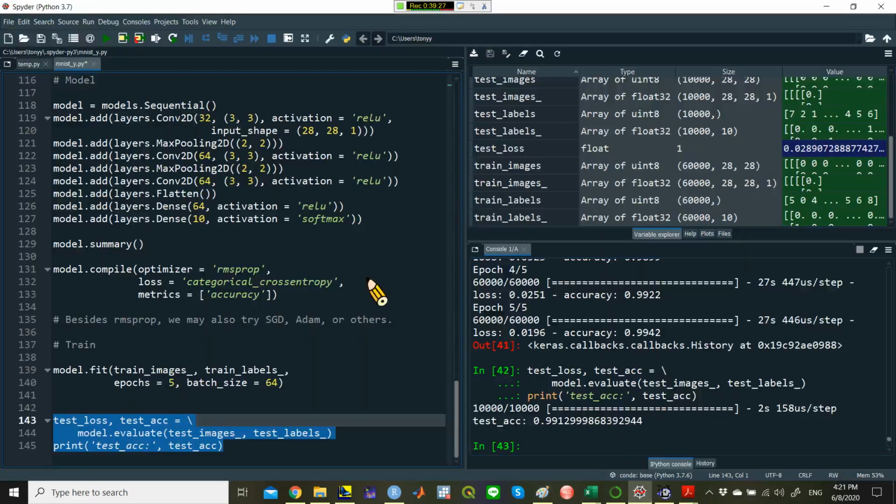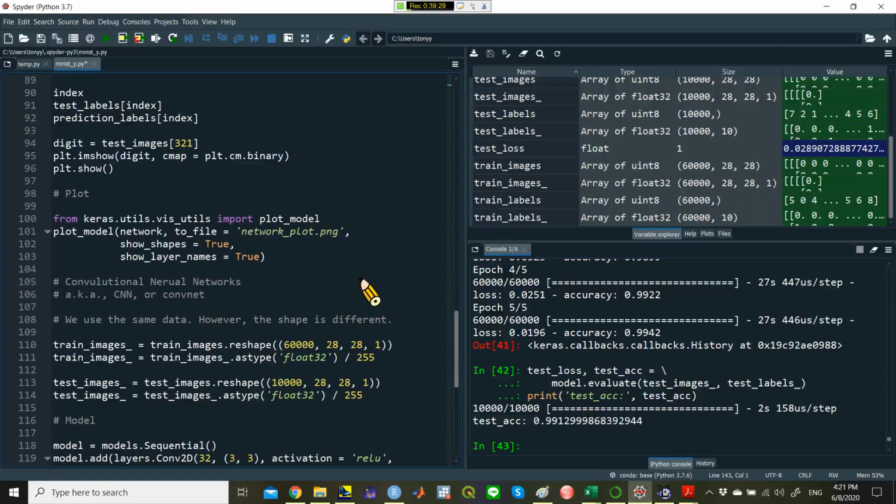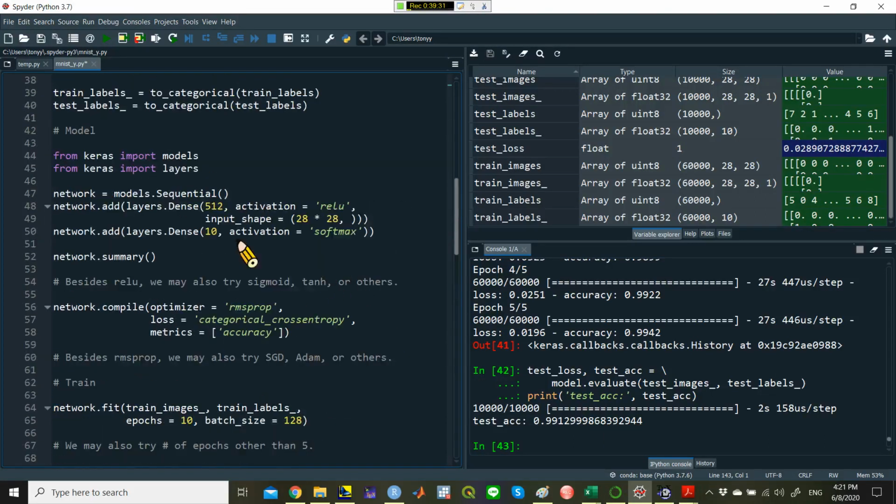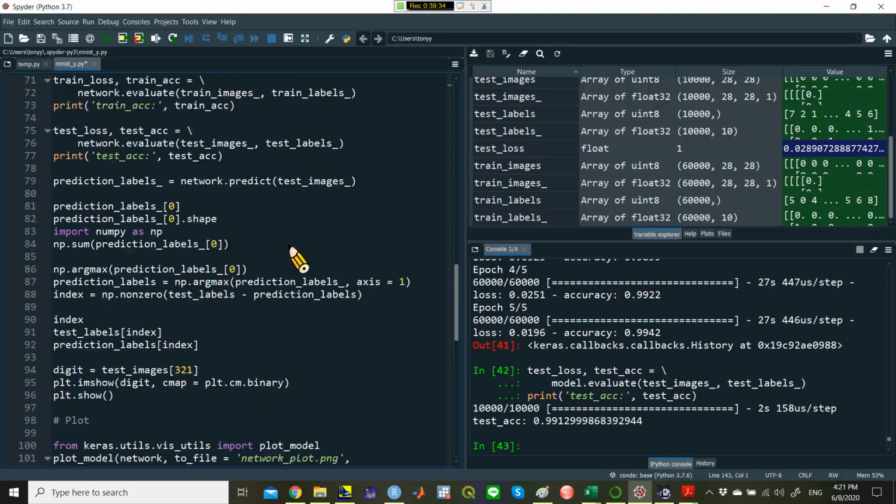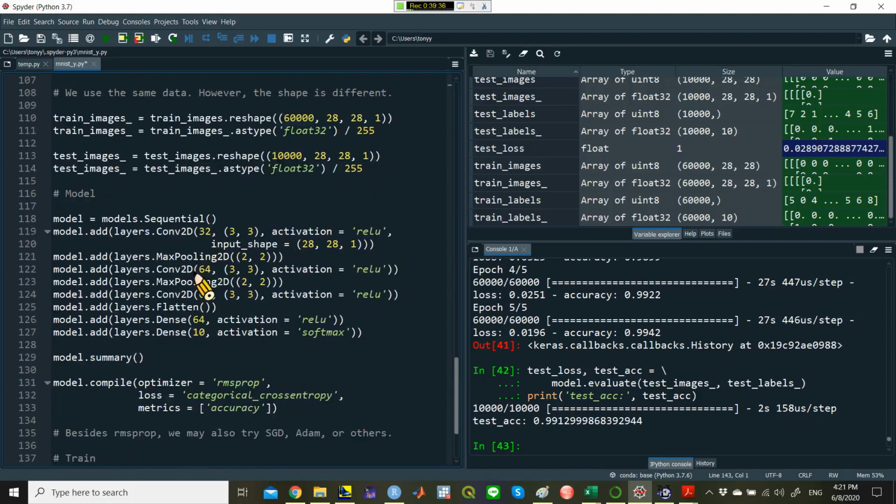Here I show you guys some examples. You may see here, hey, in the first example, I put 512 neurons. In the second, here 32, here 64, here 64. Yeah, it's kind of arbitrary, if not random.